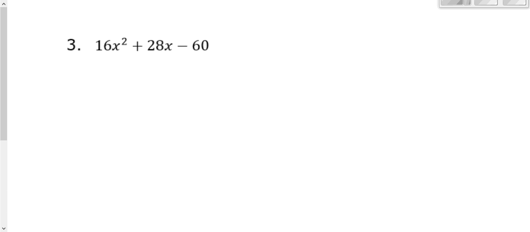Okay, number 3, first it looks like I might be able to take out a greatest common factor. So it looks like I can take out a greatest common factor of 4. So I'm going to divide all pieces by 4. So I have 4 times x squared plus 7x minus 15.